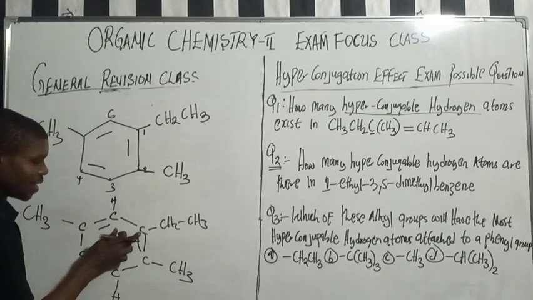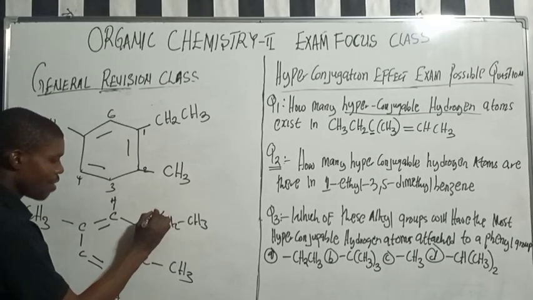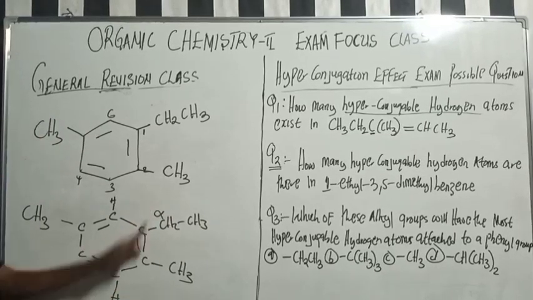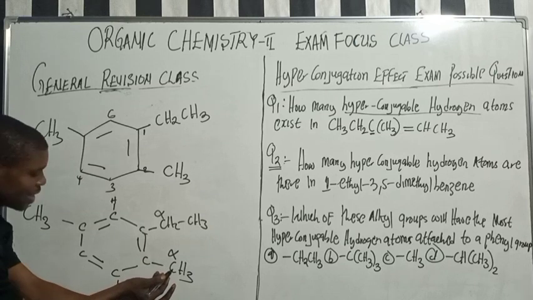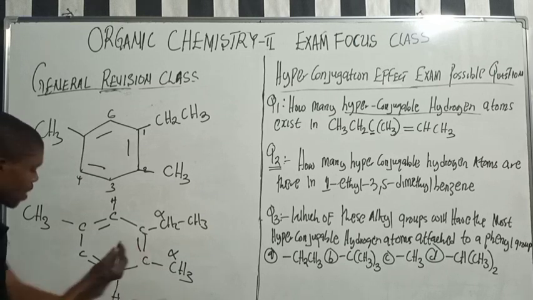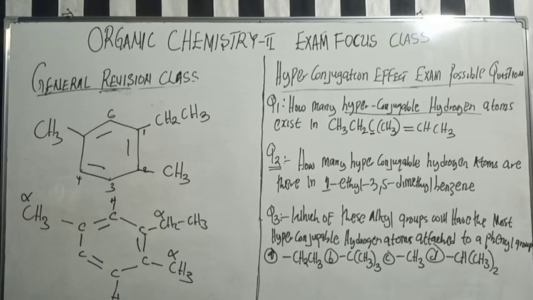Now this carbon here is directly attached to this carbon atom, so this is called the alpha carbon. These are going to be alpha carbons, right? Because this carbon atom is directly attached to a carbon atom that has a double bond. So how many hyperconjugable hydrogens do we have here? 2 plus 3 is 5, plus 3 which is 8.